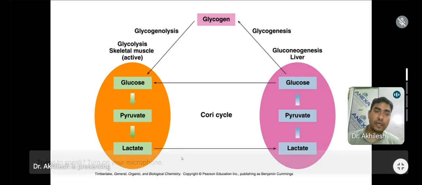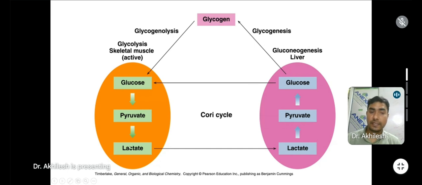In hypoxia, pyruvate converts into lactate because not much oxygen is available. This lactate goes to the liver and is converted again into glucose, and this is what we call the Cori cycle.